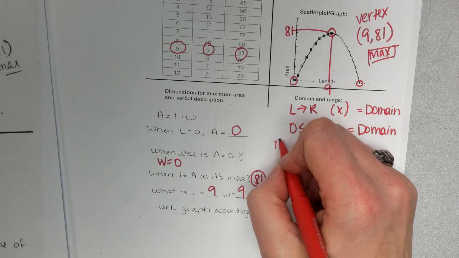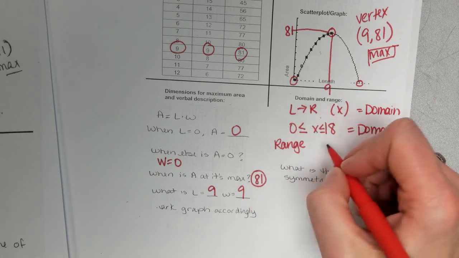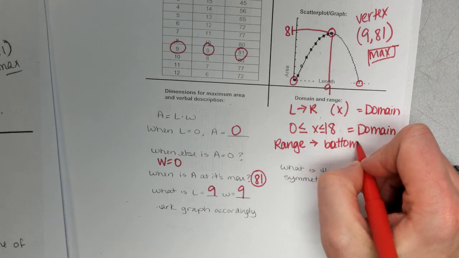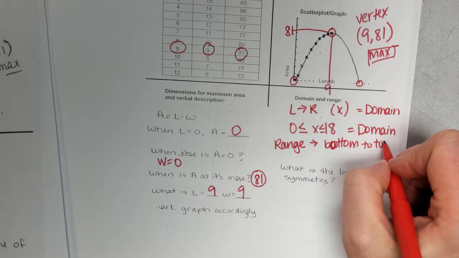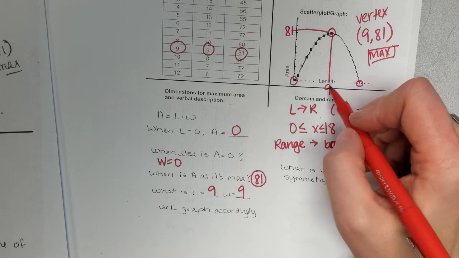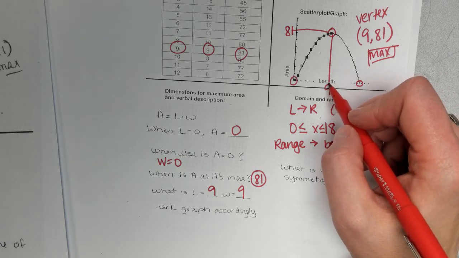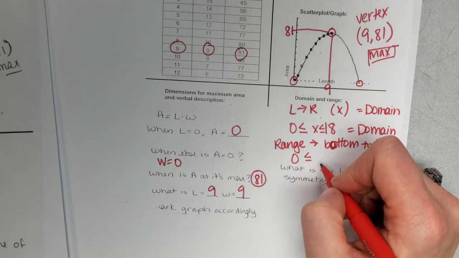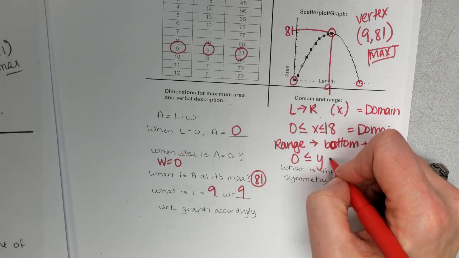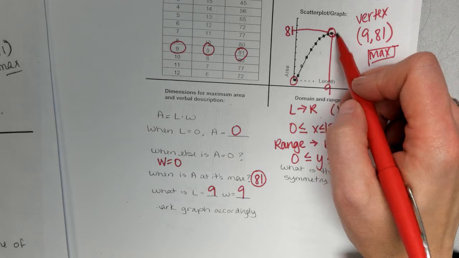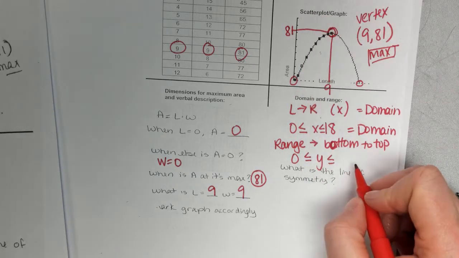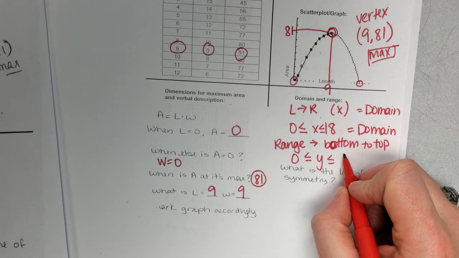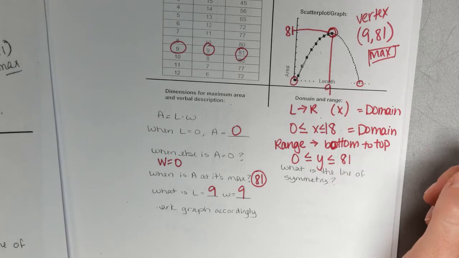And your range goes from bottom to top. So all the way down here, 0 for y value, is less than or equal to y, less than or equal to, and the top point going up, the northernmost point on the y-axis that it's going to have any value is 81.